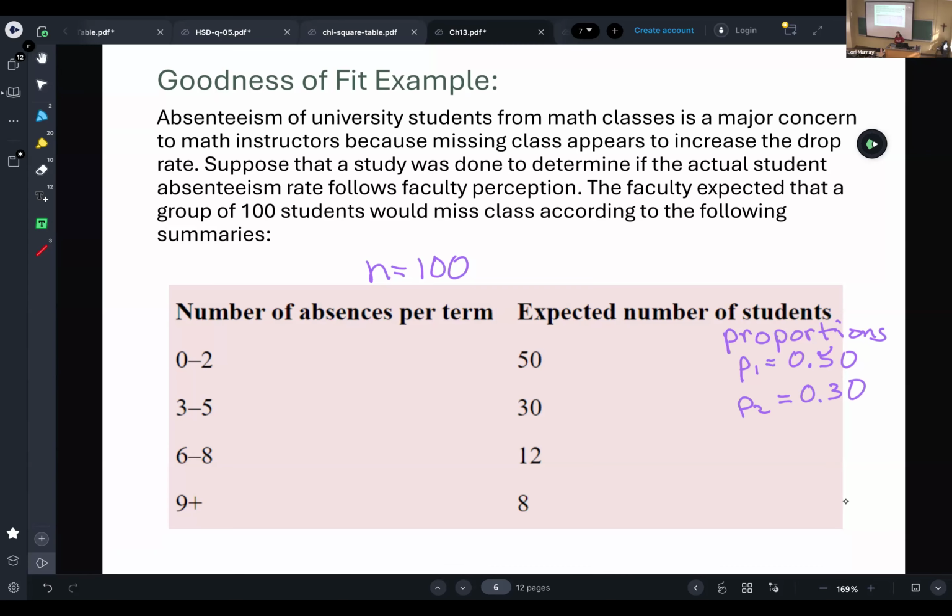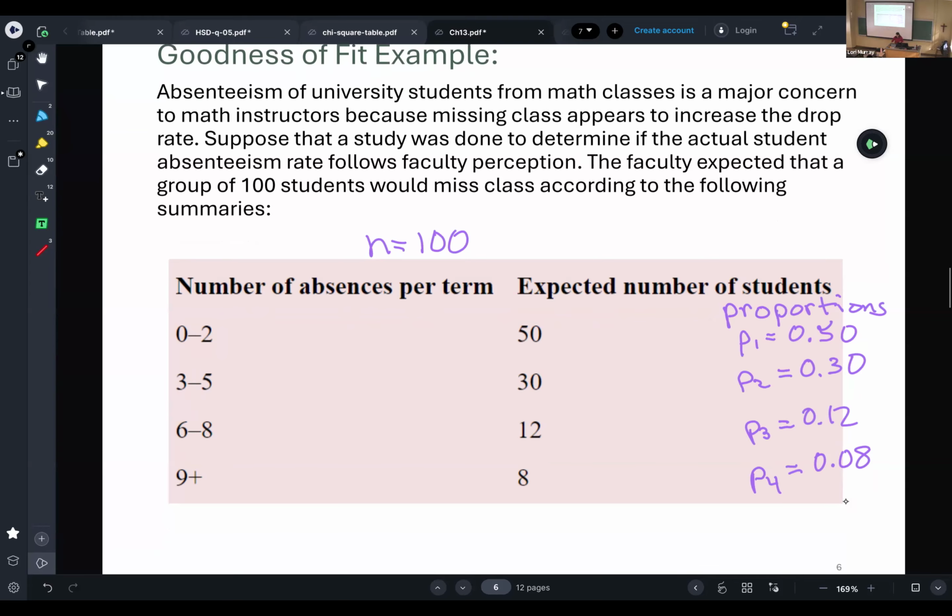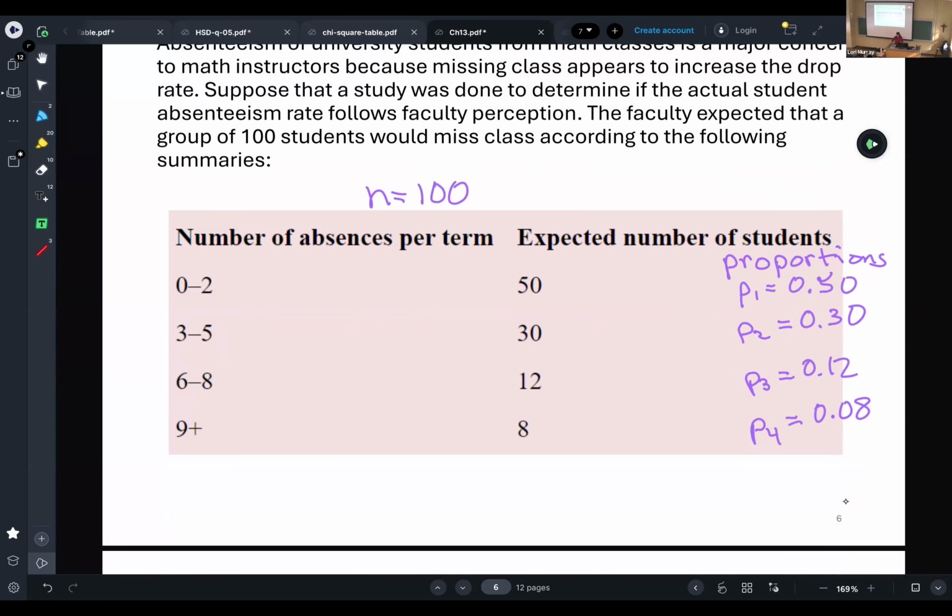So 30% of the students will miss 3 to 5 days, 50% will miss 0 to 2 days, 12% will miss 6 to 8 days, and finally, 8% of the students will miss 9 or more days. That's the faculty. This is what they base it on, based on their history and their knowledge, right? What they think it is. So this is what the faculty expects for every 100 students.